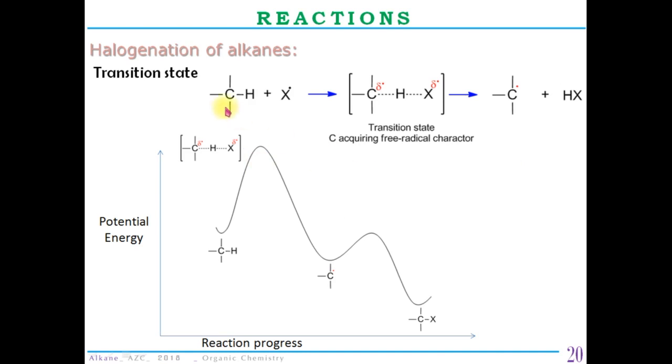In this reaction, alkane is first converted into alkyl radical. So we have the reaction coordinate diagram over here. So it represents this conversion.